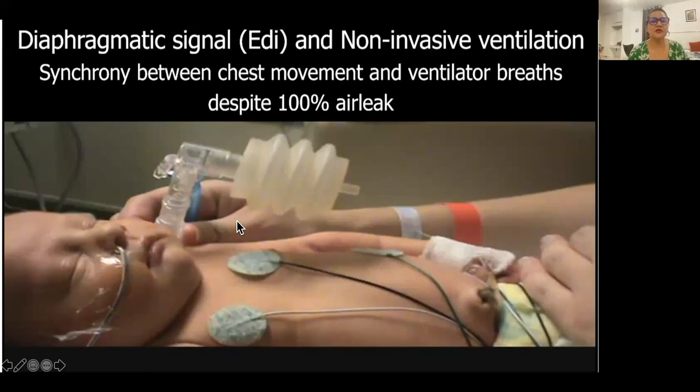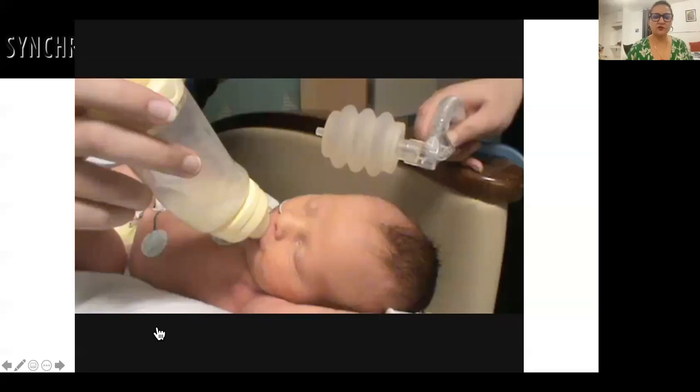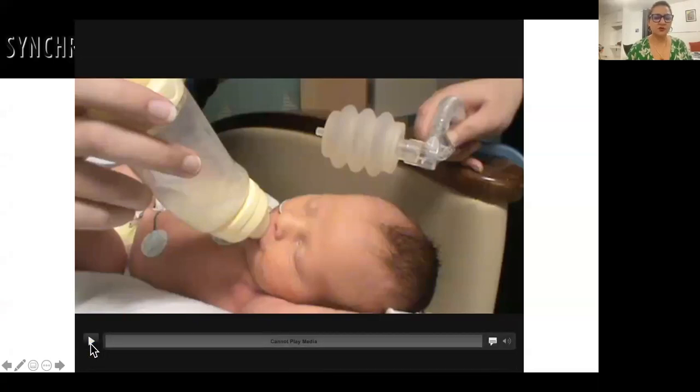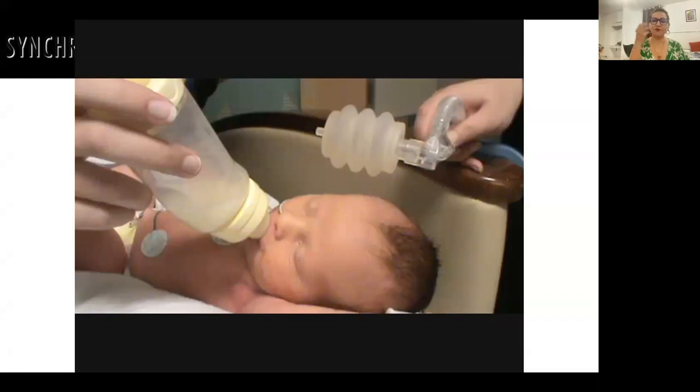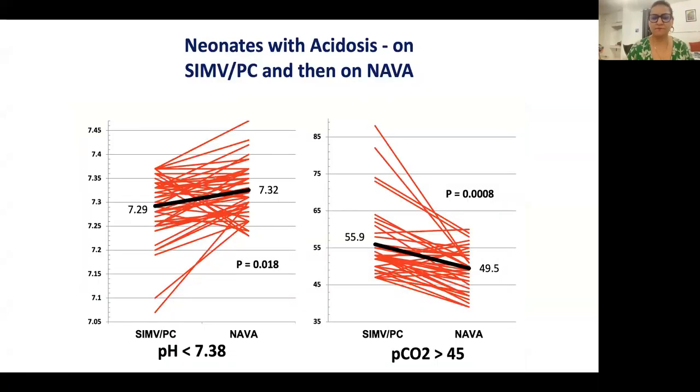And still there is synchrony of the chest movements and the ventilator breaths. So I don't know, actually, this is not working. This is working. Oh, this is also not working. This was showing if you're feeding the baby, still there is no issue with the breaths. Anyway, we'll see later if it works.